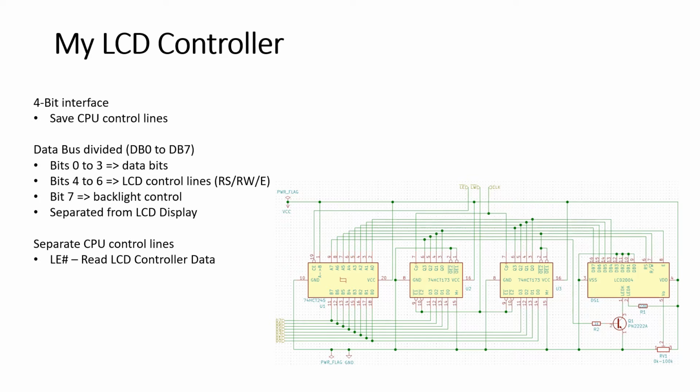There is the LCD enable line, which is active low and which allows reading the controller data. And there is the LCD write, also an active negative controller line, which allows writing data to the LCD controller.